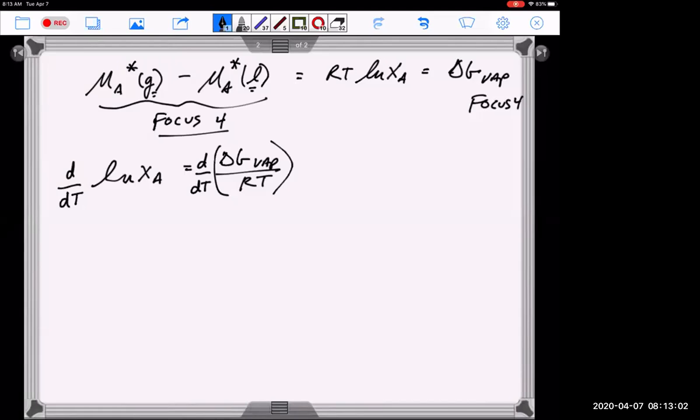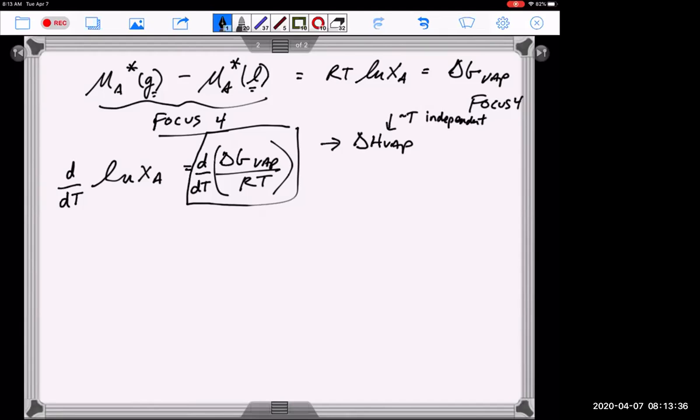The reason is because we know something about this term here, and what we know about it, given what we did in focus 4, is that it leads to the delta H of vaporization that we're going to show. And that's what we really are going to want to have access to, the delta H of vaporization, because this is going to be temperature independent, more or less.